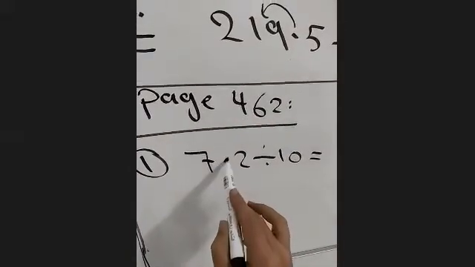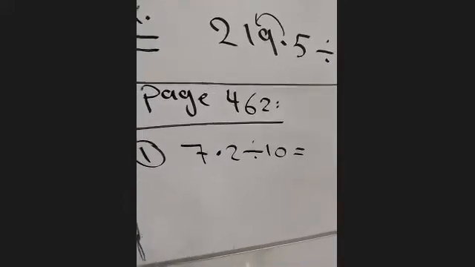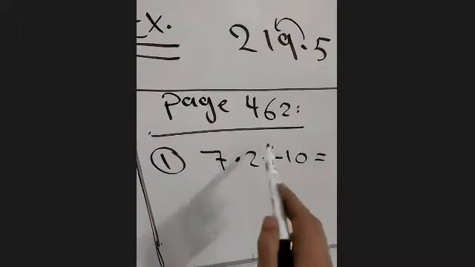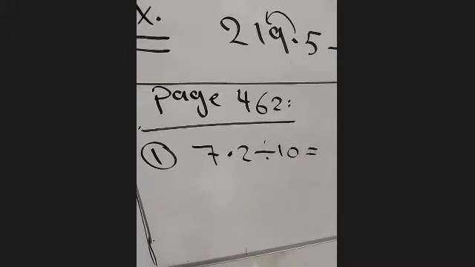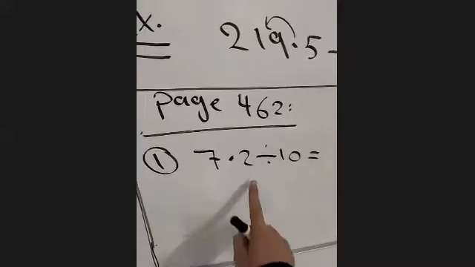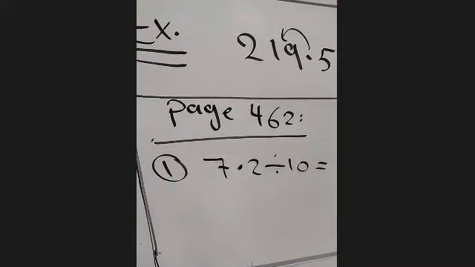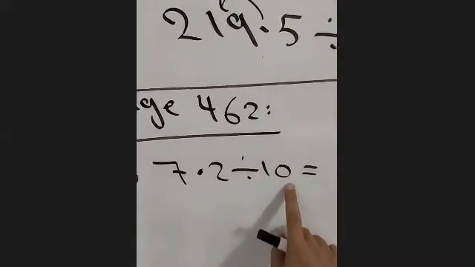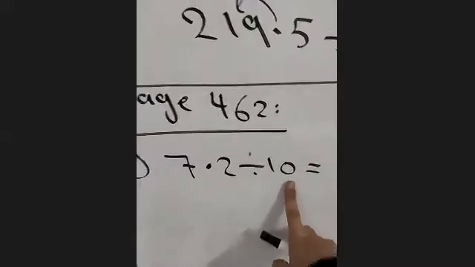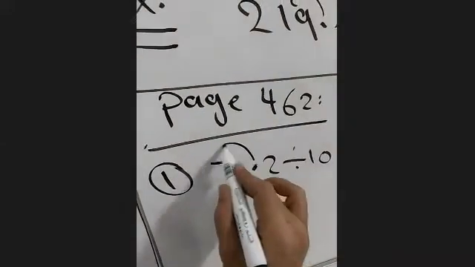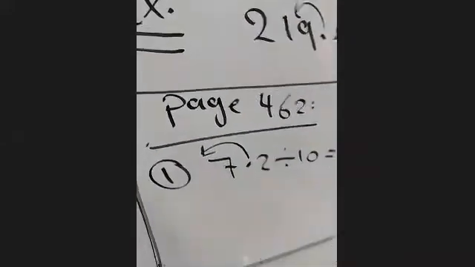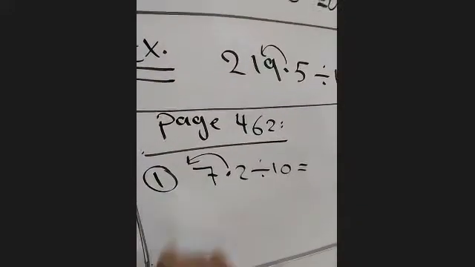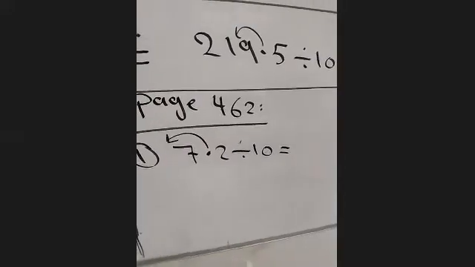In division we go to the left. Okay. Now, how many zeros do we have? 1. So this decimal, I'll push it to the left. How many digits? 1 digit. So the decimal will be before 7, right? Yes.